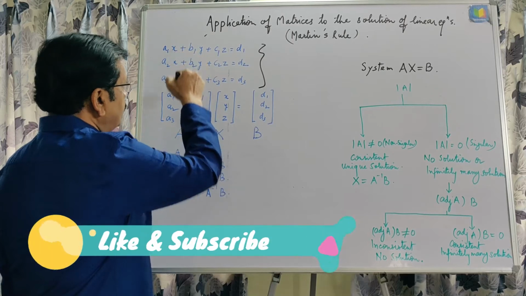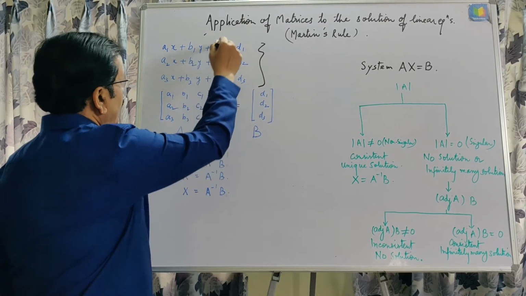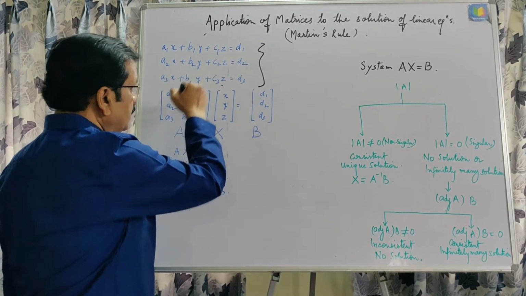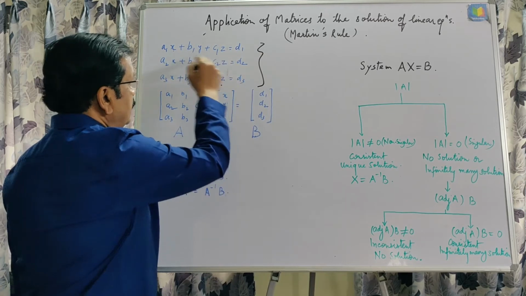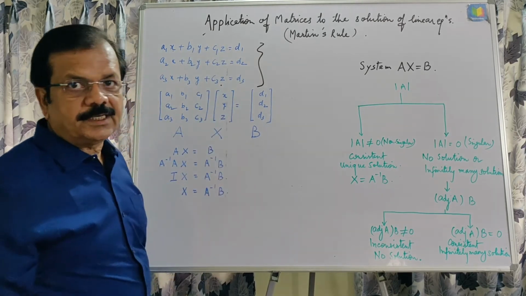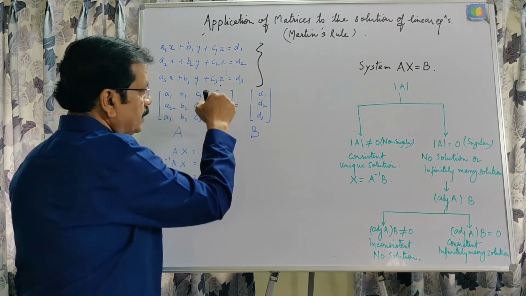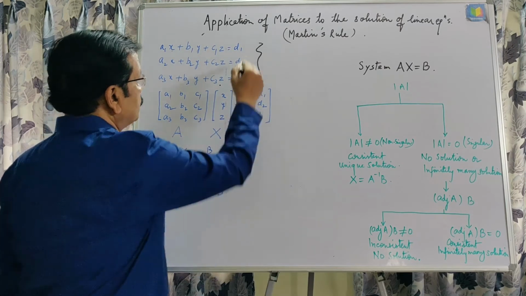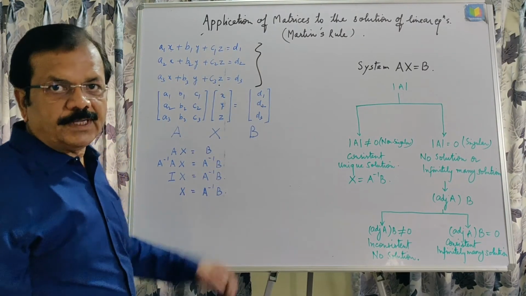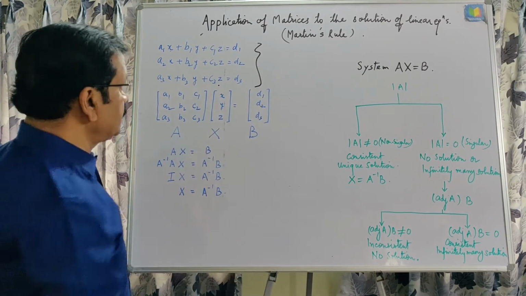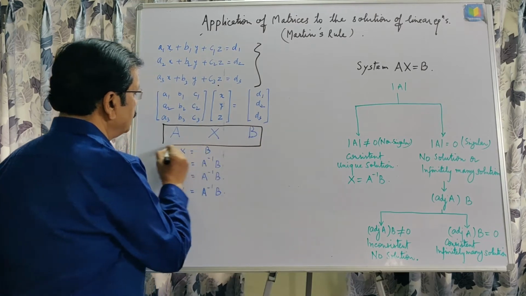We can write the coefficients of x, y and z in 3 columns, and then x, y, z in the next single column. And here also this is a single column, d1, d2 and d3.